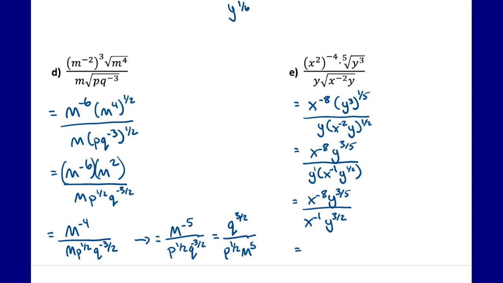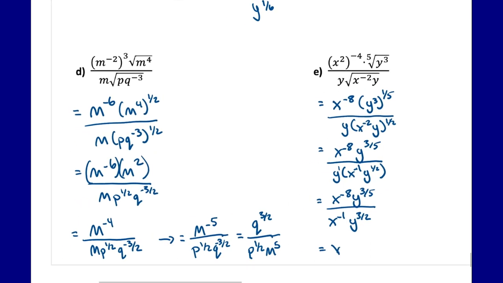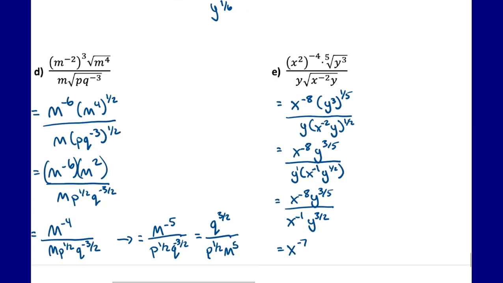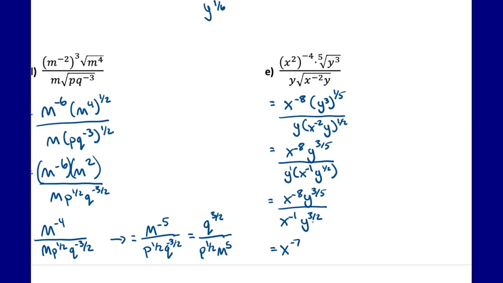Now I can subtract or divide, so I'm going to subtract my exponents for the x. So I have x to the power of -8 minus -1, or -8 plus 1, so -7, and 3/5 minus 3/2.